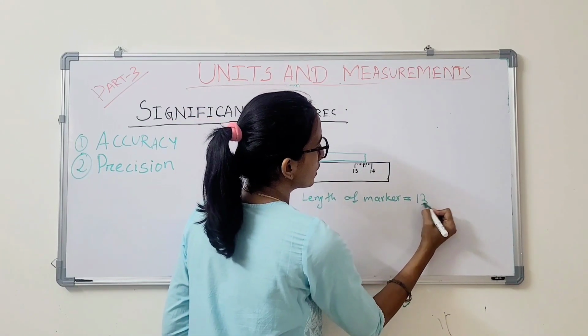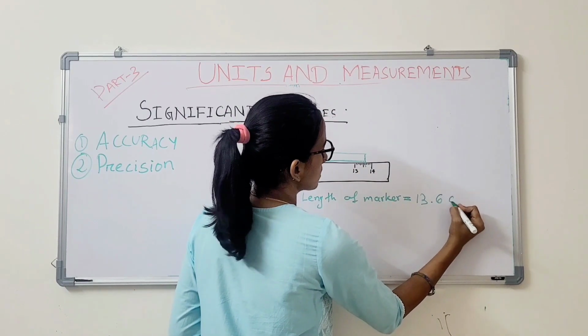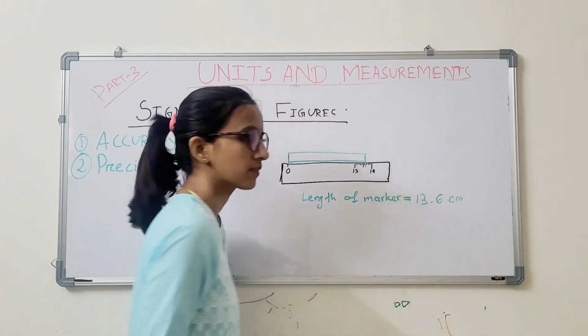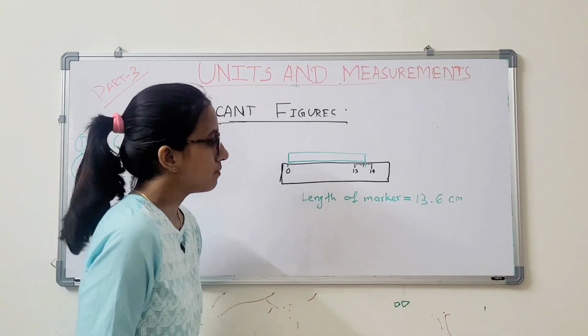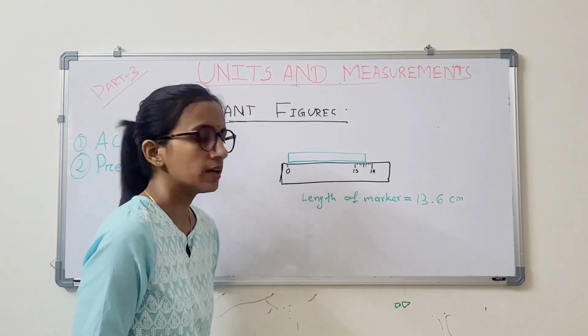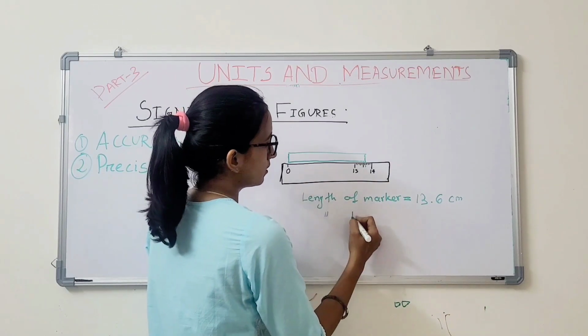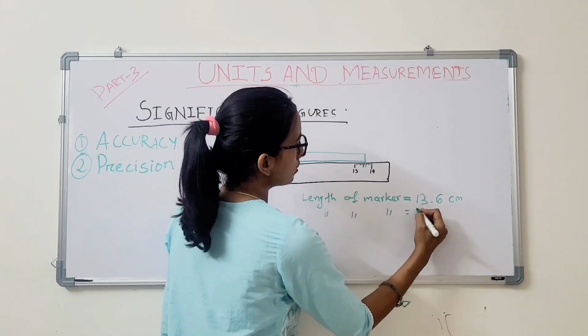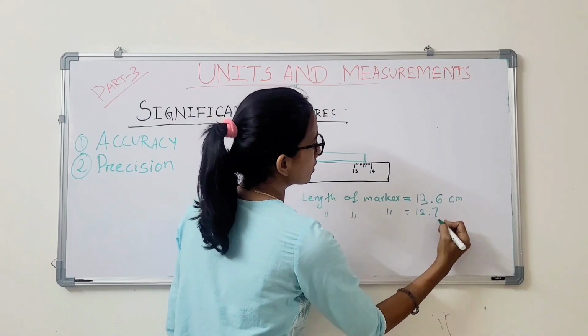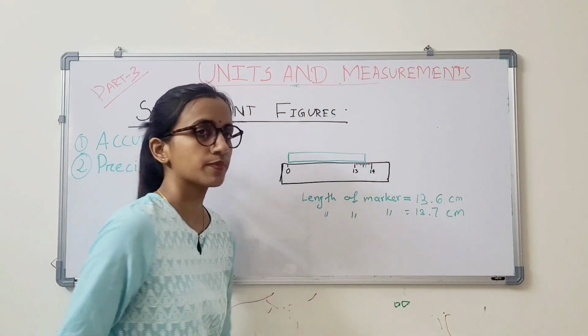So I will mention it as 13.6 centimeter. One of my friends, Chandni, came and took the same measurement. She told me that the length of the marker is not 13.6, it is towards 13.7 centimeter.